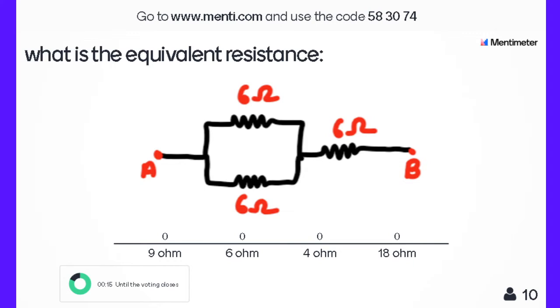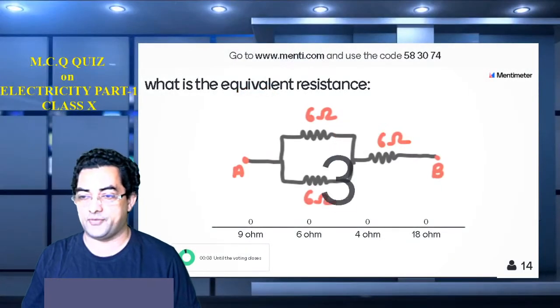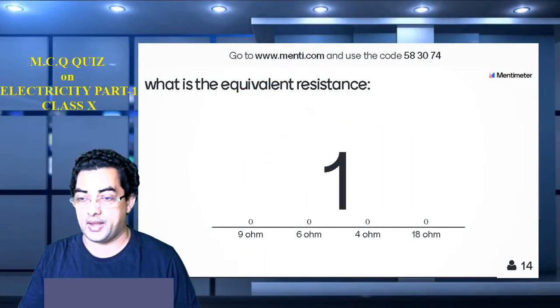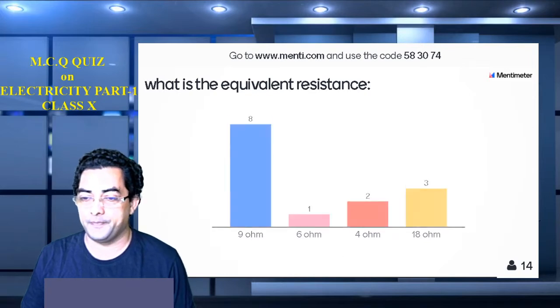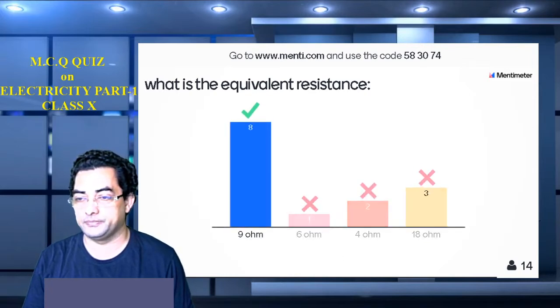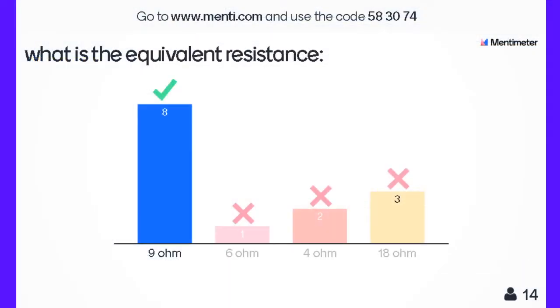Let's see if you can get it right or not. Counting 3, 2, 1 and up. And the results are like this. 8 of you got it correct. But 6 of you got it wrong. 6 of you could not find out the resistance, right?